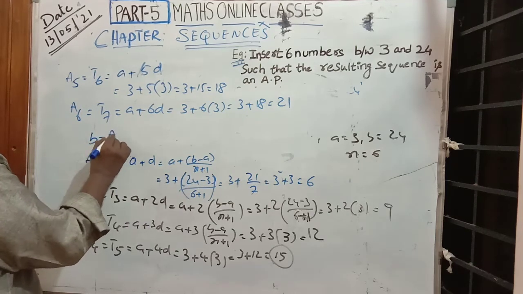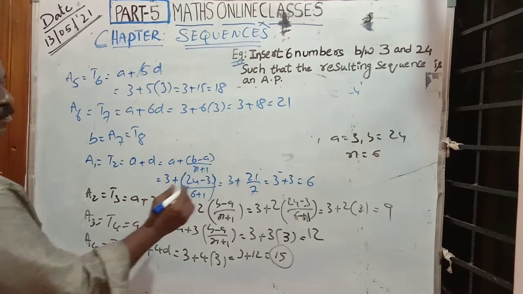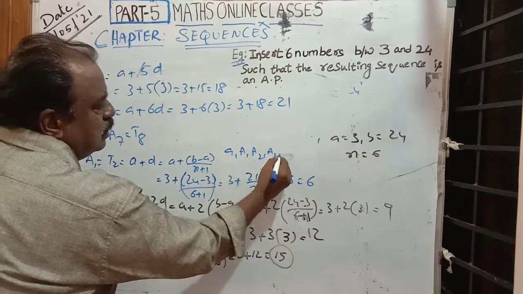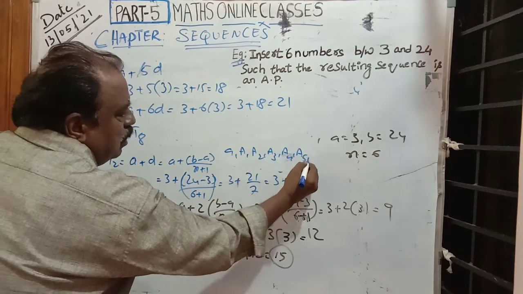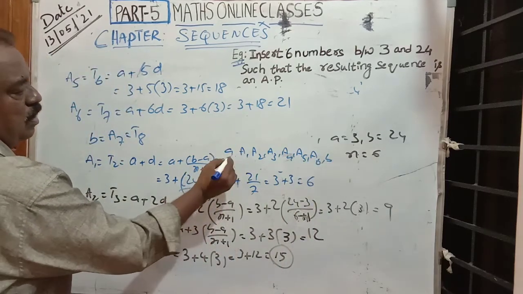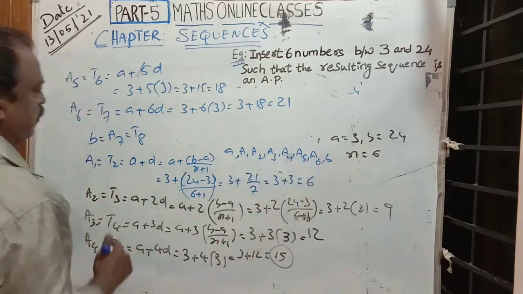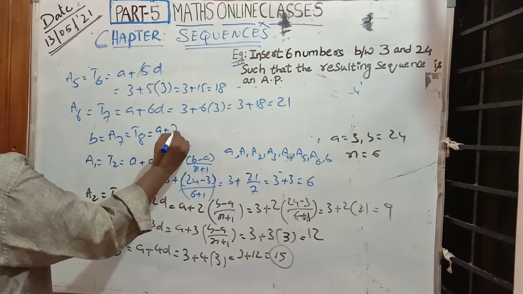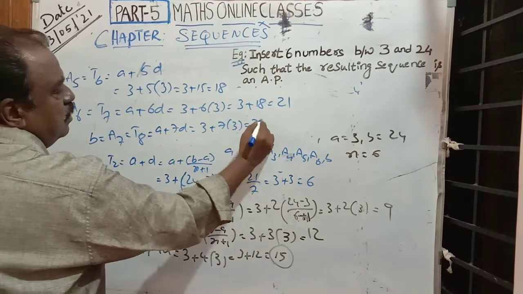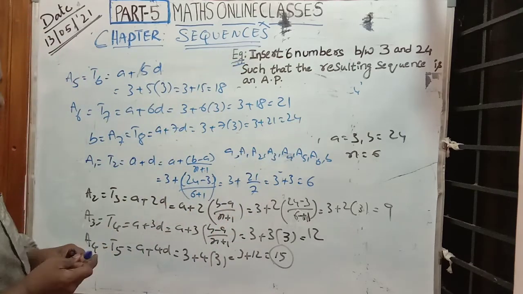B means A7. That means T8, the 8th term. Because A, A1, A2, A3, A4, A5, A6 and B: first term, second, third, and so on, this is the 8th term. So it is A plus 7 into 3, that is 3 plus 21, we will get 24. Yes, correct, 24 is correct.